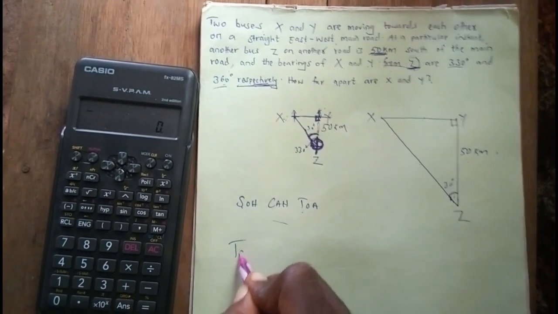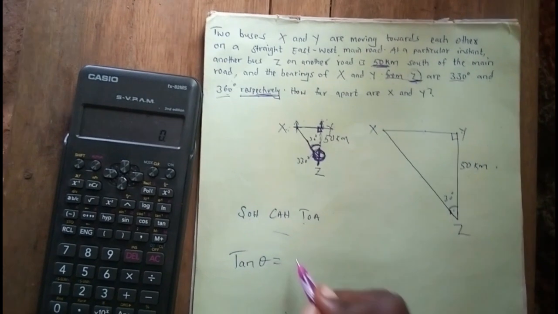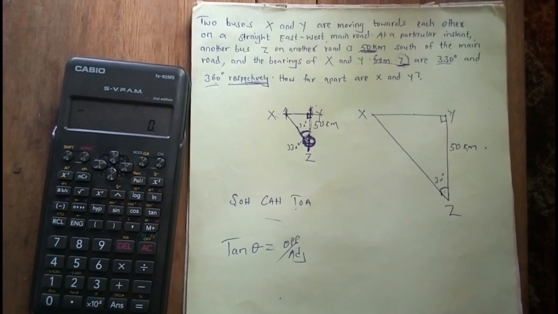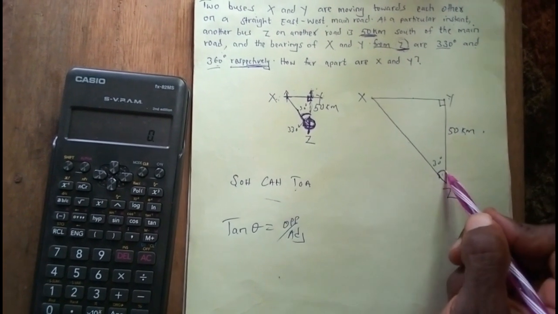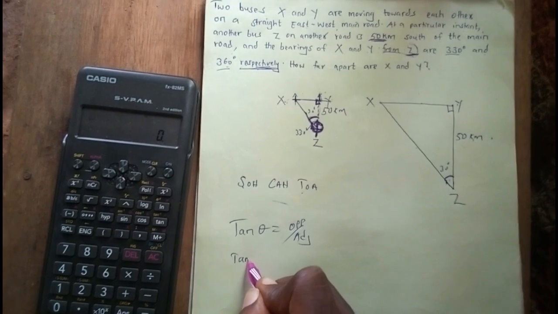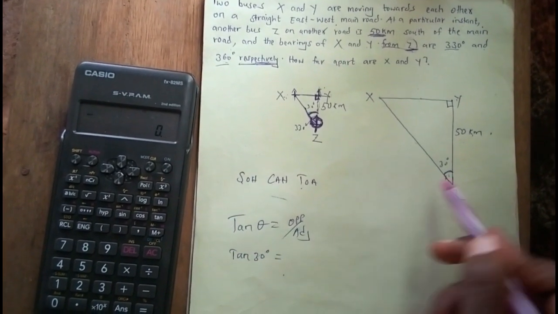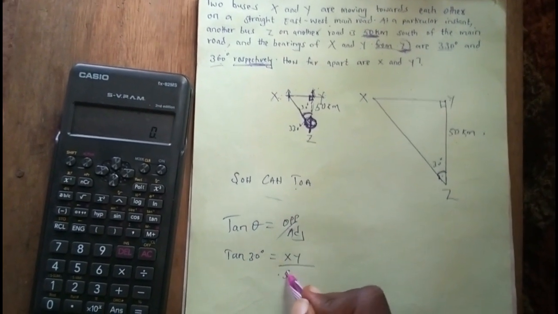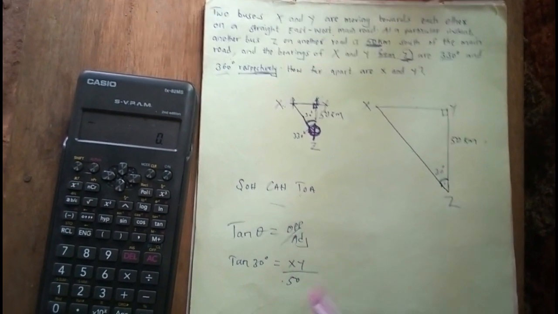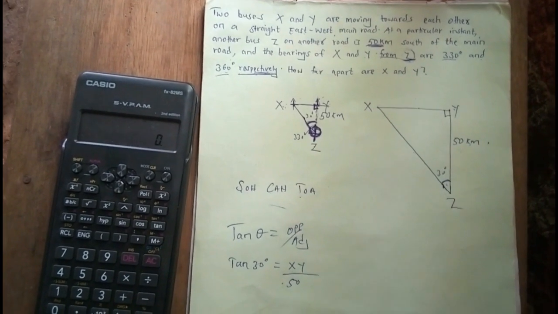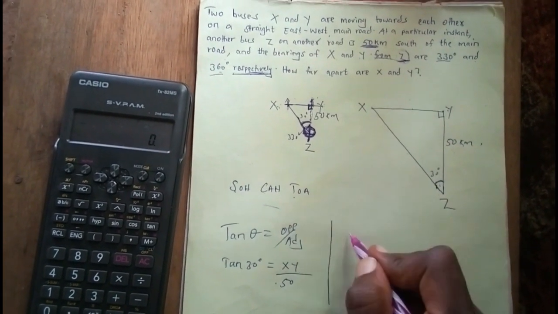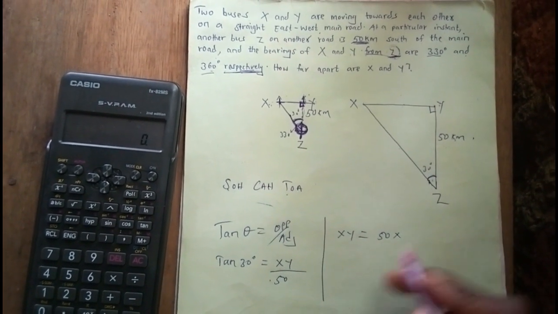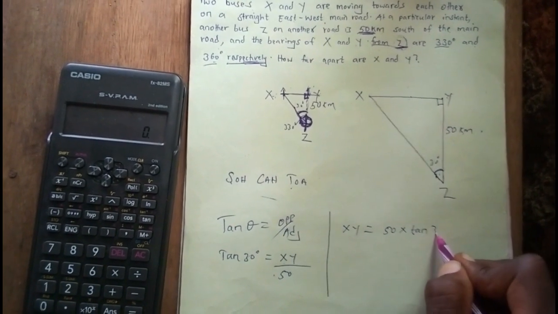So tan theta is equal to opposite divided by adjacent. Our theta here is 30 degrees. So tan 30 degrees is equal to opposite, XY, divided by adjacent, 50 kilometers. Now let's find XY, so we cross multiply. Therefore, XY is equal to 50 times tan 30 degrees.